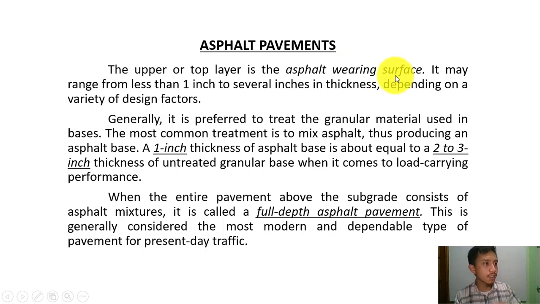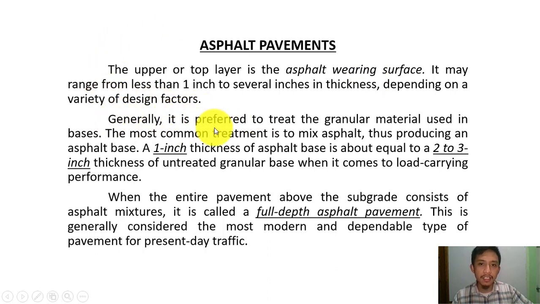So this layer is the one resisting the skidding or the friction of the traffic passing through that pavement. It may range from less than 1 inch to several inches in thickness depending on a variety of design factors. Okay, so that is the common thickness of our asphalt wearing surface. It's either 1 inch or more or less 1 inch. It depends on the designs.